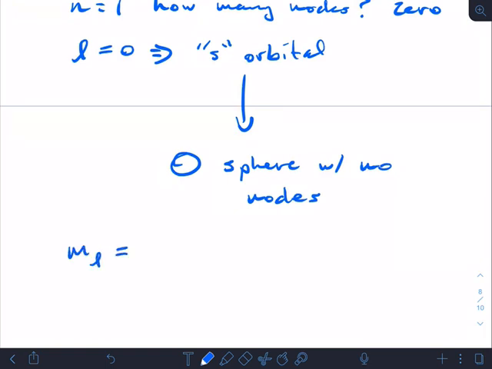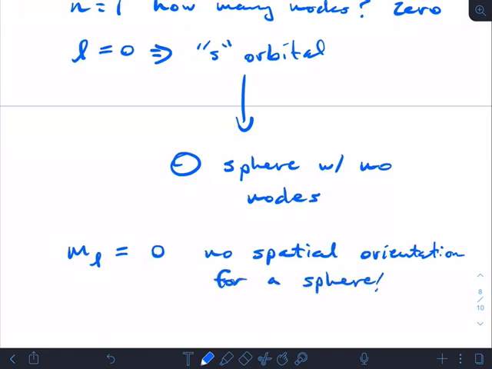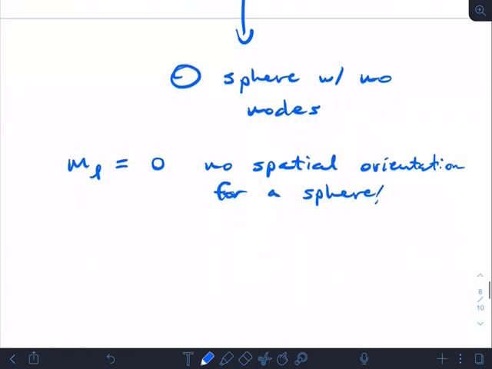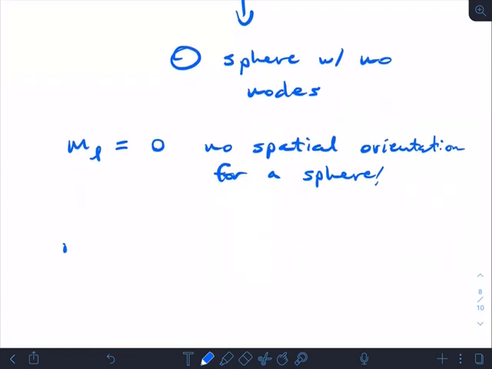If my L value is 0, then that means that my m sub L equals 0, because there's no spatial orientation for a sphere. Right?